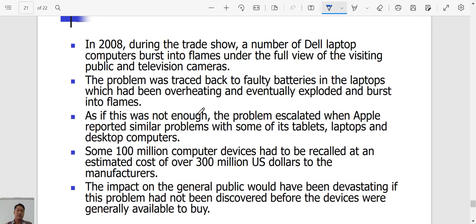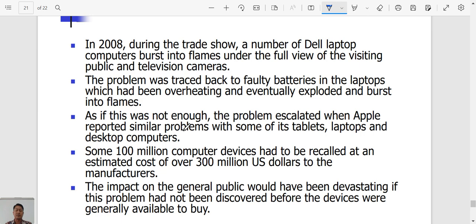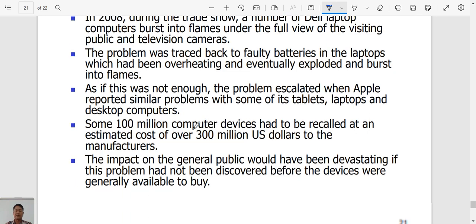So whenever we develop software or a new product, the general public should always be the one we consider, as they are the consumers or clients, and eventually they are the ones going to use the software and the products.